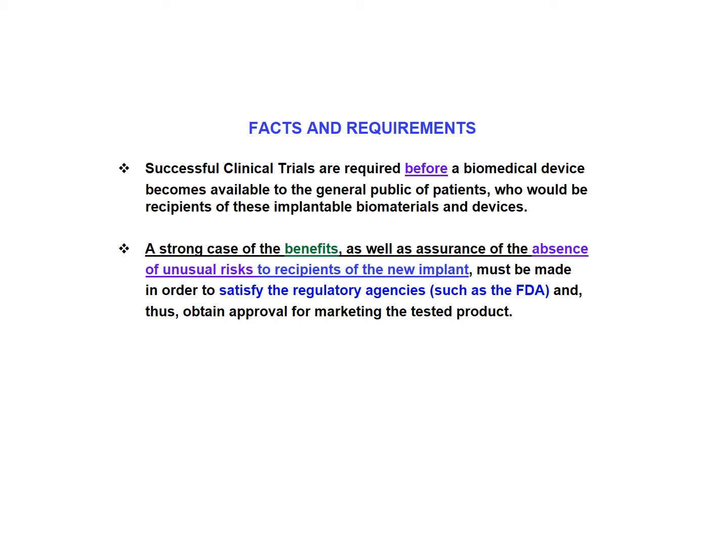In order to obtain the approval of the FDA and other regulatory agencies, what a clinical trial must prove are two things. First and foremost, the clinical trials must make a very strong case of the benefits of the new product, and at the same time must prove that there are no unusual risks which may jeopardize the welfare and the health of the receiving patients.